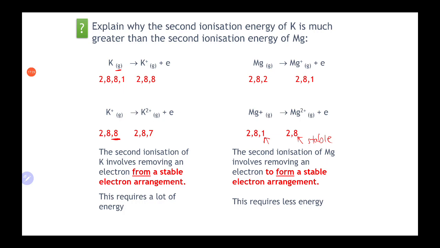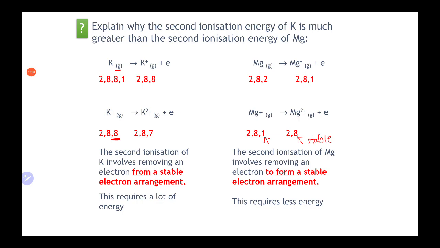So that's quite happy just to be 2,8 and get rid of that extra electron. So not a massive amount of energy is needed to take that one electron away compared to breaking into this full shell.